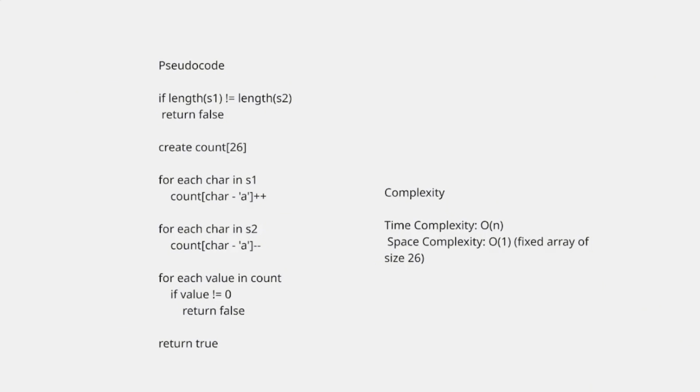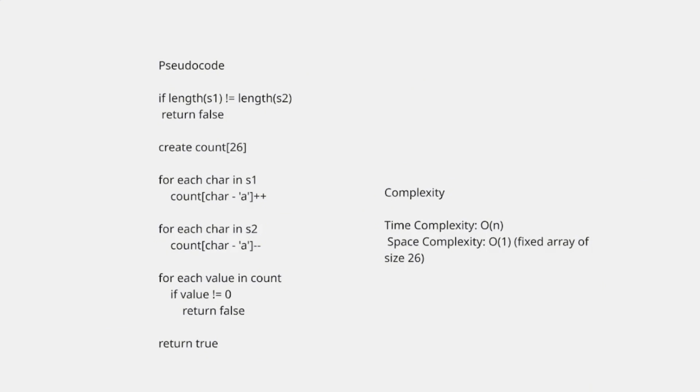So that's why we are initializing our array length as 26. In a for loop, for the first string, we are incrementing the character frequency, and in a second loop, we are decrementing the second string's character frequency.